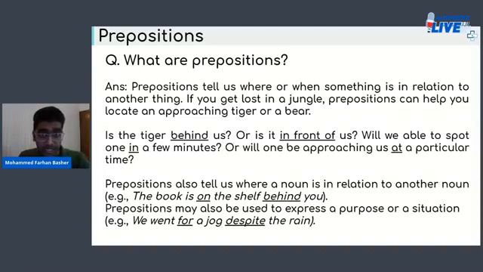So here you see the words within, in front of, behind. These are all prepositions, and these prepositions indicate locations, right? Especially the prepositions behind and in front of, they indicate locations.